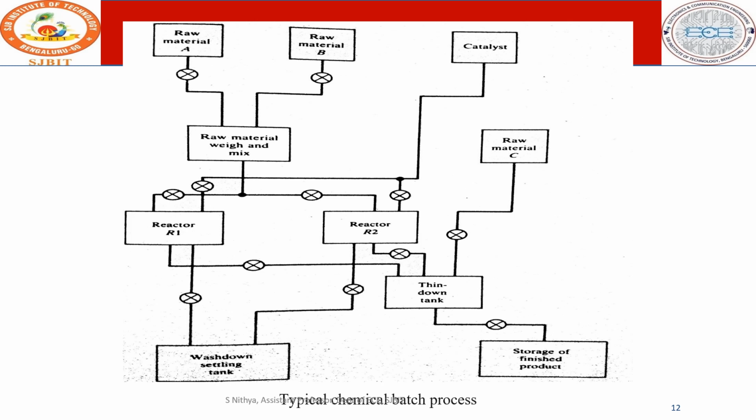Now raw material 1 and raw material 2 are the chemicals, chemical 1 and chemical 2, which will be sent into the raw material weights and mix. Some amount of the raw materials is sent here, and it will check the weights of raw material 1 and raw material 2, that is A and B, according to this figure. Once the weighing is done, it will be mixed properly and then sent to reactor R1.